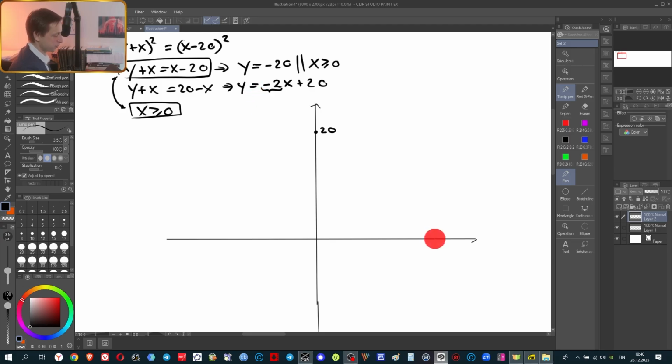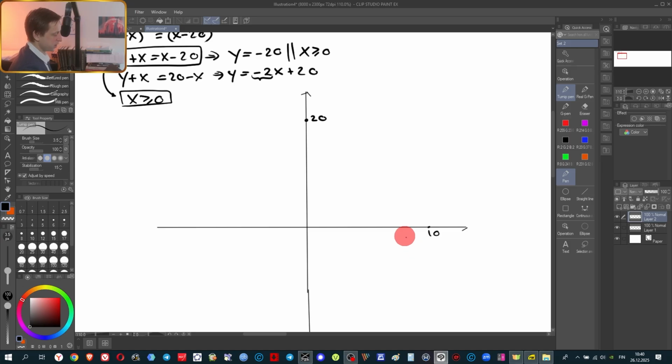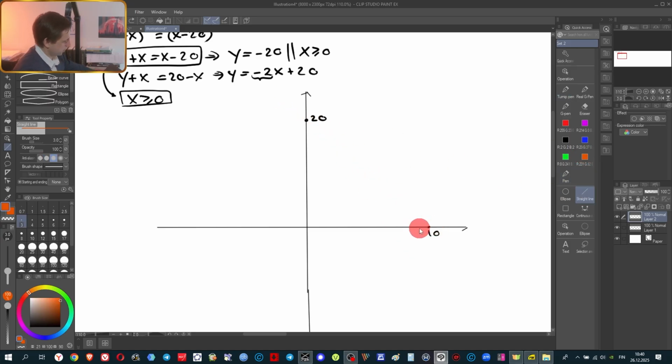In this case, it passes through the point with coordinate 10 on the x-axis, and so we can draw the line right away. So it will look like this, passing through these two points. Let me be a little more precise to make sure that it really passes. Okay, now it's done.